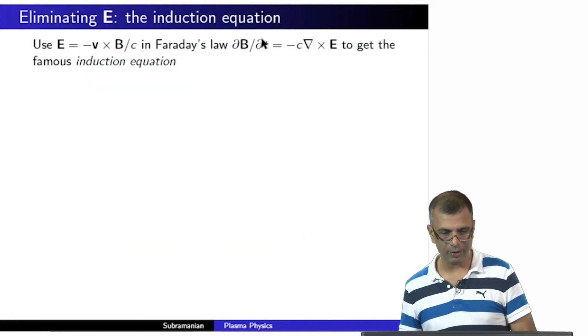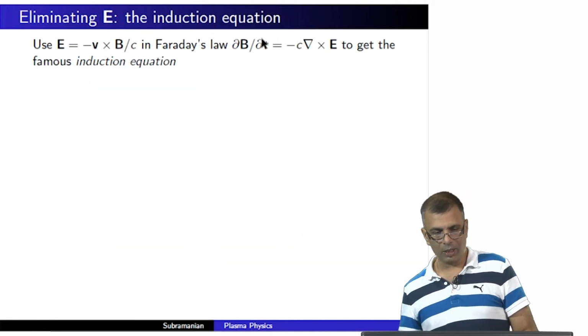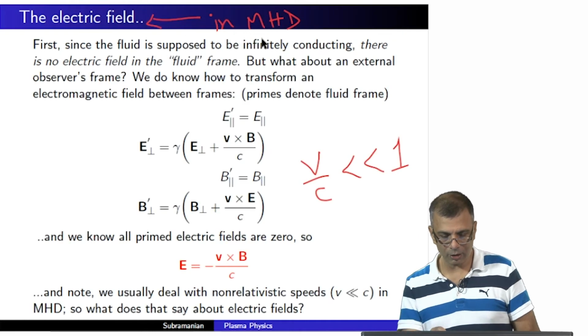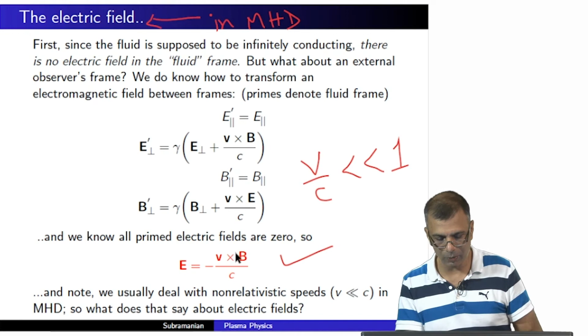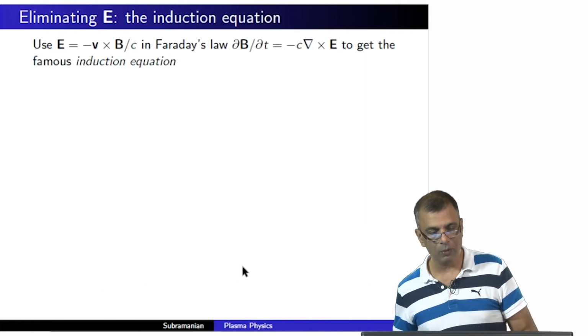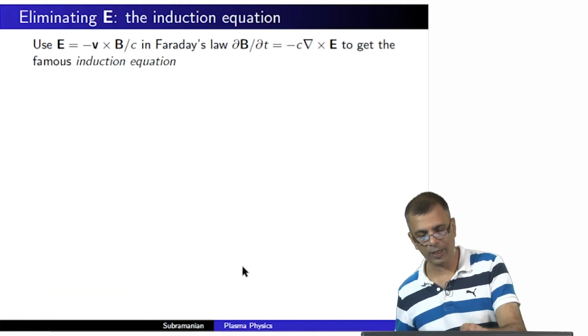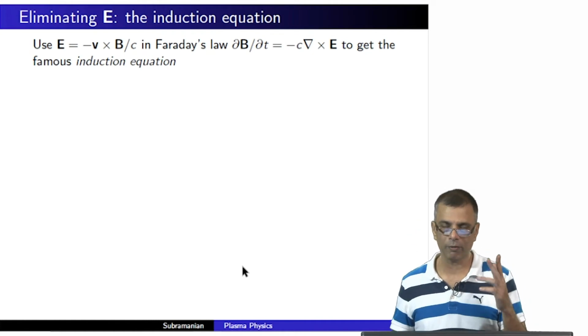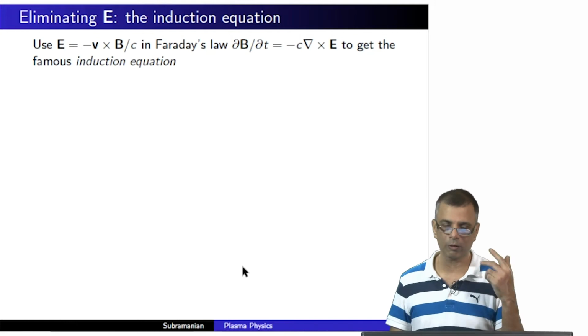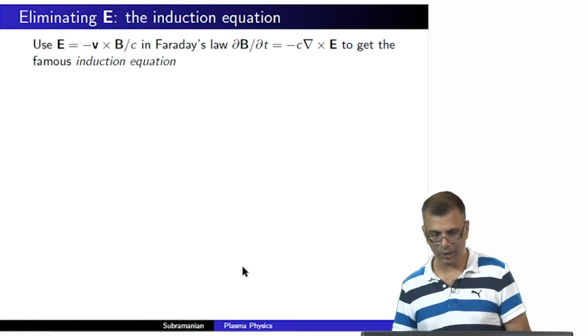Right. So now, using this fact that we just derived, E equals minus V cross B over C, we use this in Faraday's law. You have the curl terms, Faraday's law and Ampere's law, right?